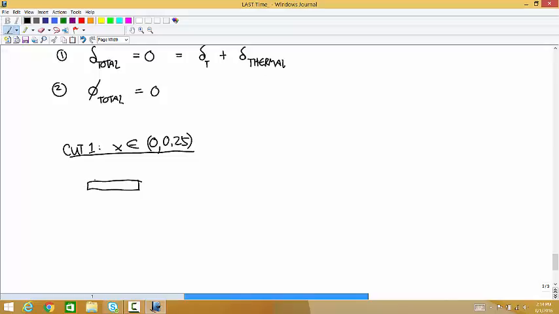So the first cut, we have the left reaction. We have the left torque. And then we have an internal tension and an internal torque. Newton's second law, if we just look at the x components, says RL plus T is equal to 0.